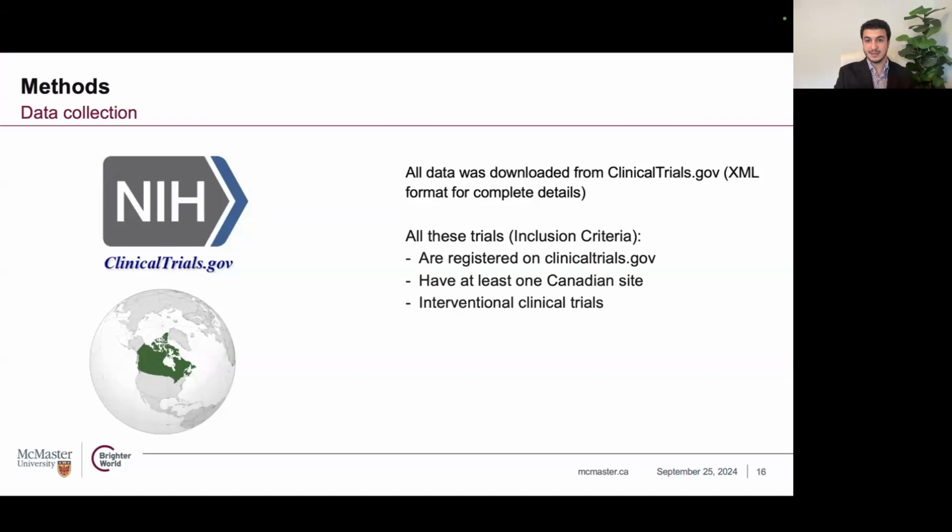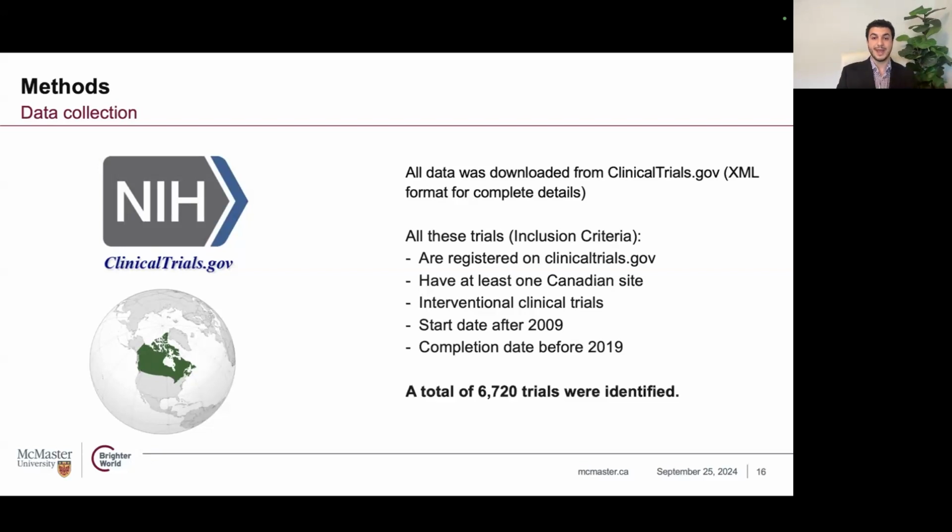They must have been interventional clinical trials, not observational. So in other words, a certain treatment or therapy or medication was provided, some sort of intervention. A start date after 2009 and a completion date before 2019. In total, we identified a grand 6,720 trials, which is a huge sample size.